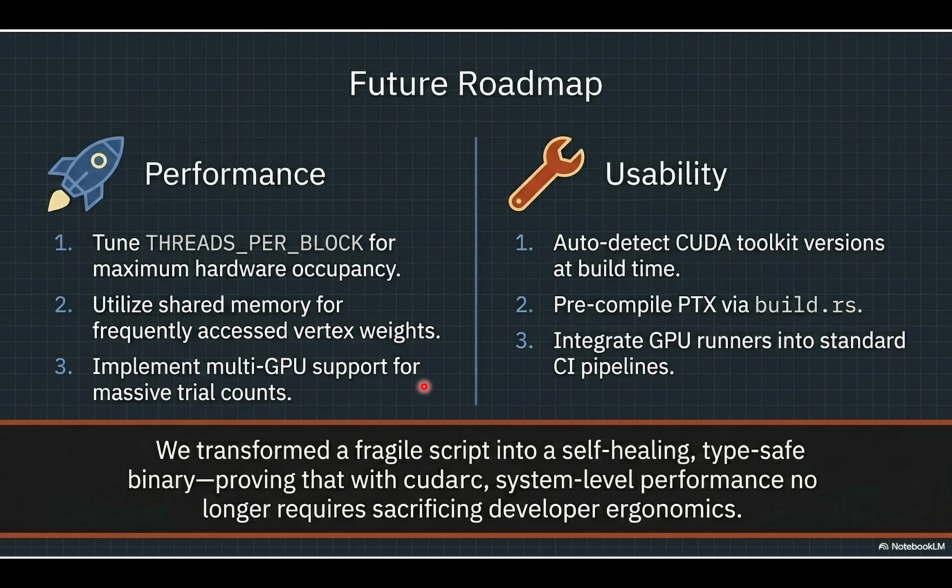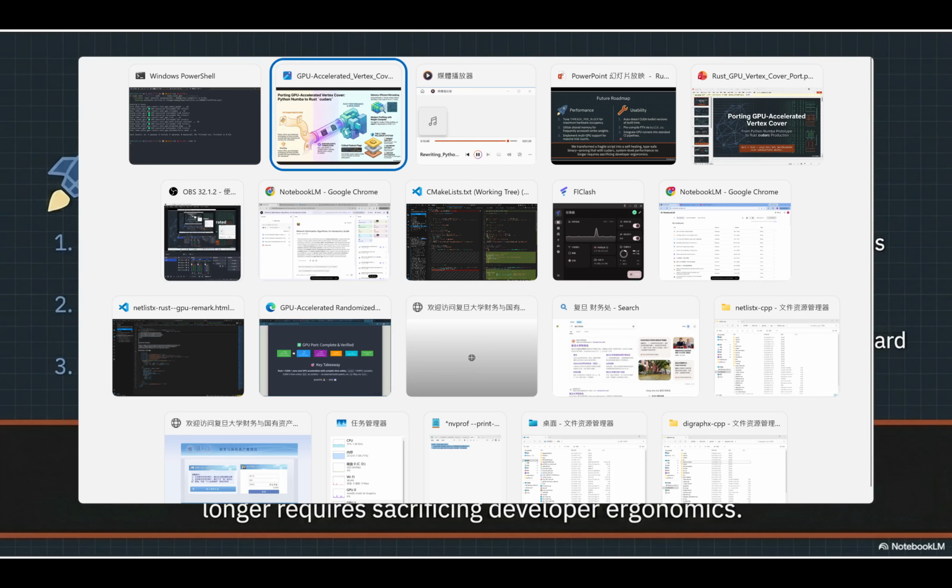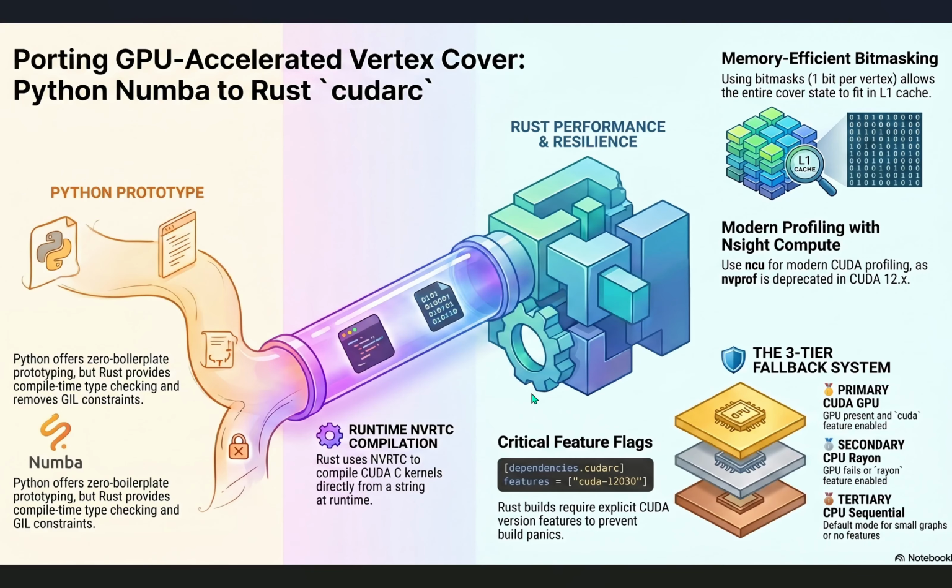If we connect this to the bigger picture for you listening, this deeply technical devlog is a perfect microcosm of a massive shift occurring across software engineering today. If you've ever dealt with a deployment that crashed in production just because a minor library updated overnight, you understand why this developer abandoned Python. For sure.